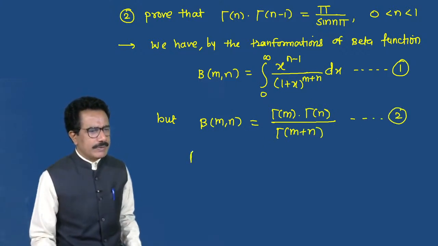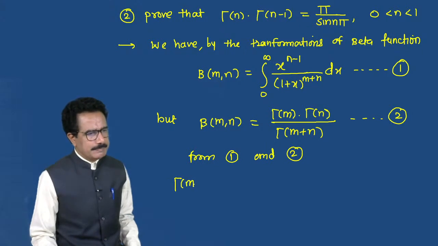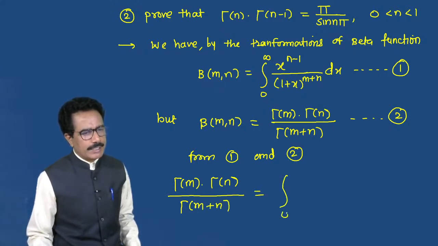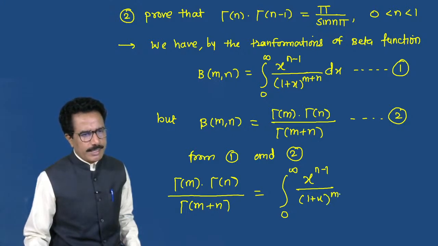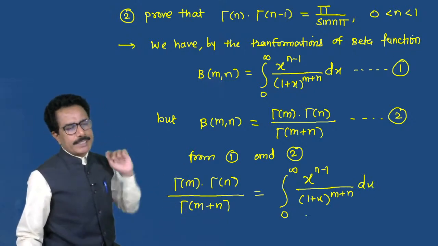Now from 1 and 2 we can write gamma m into gamma n divided by gamma of m plus n, which is equal to the integral from 0 to infinity of x raised to n minus 1 divided by 1 plus x raised to m plus n dx. Is it okay? So this will be the result.